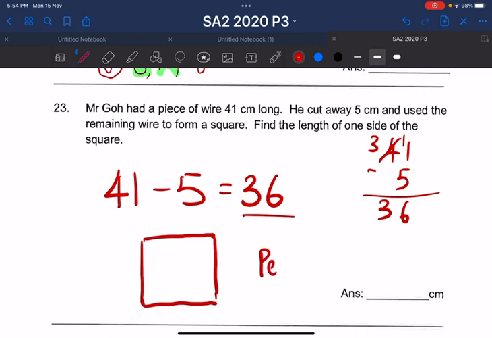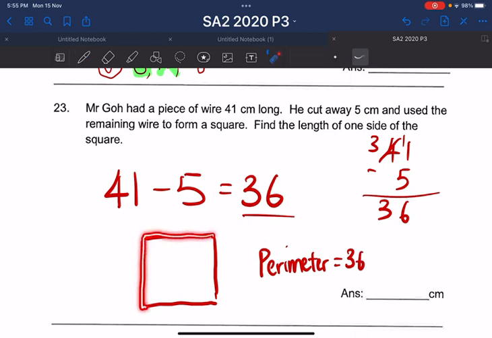Doesn't it remind you of area and perimeter? The perimeter is 36 because you are looking at the whole length around it. So we are curious to find out what is the length of one side, which is one part of this.